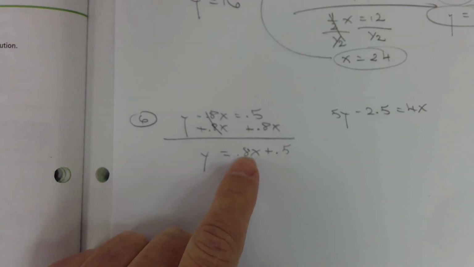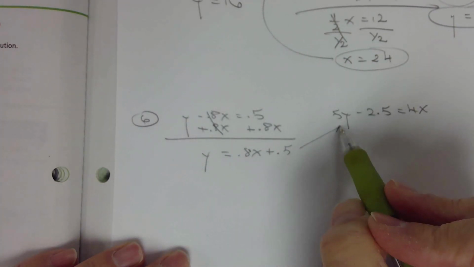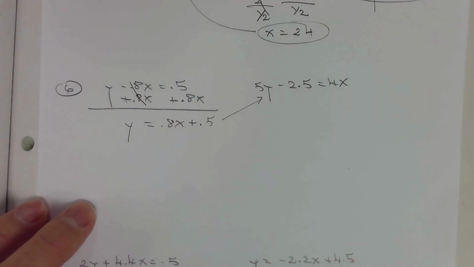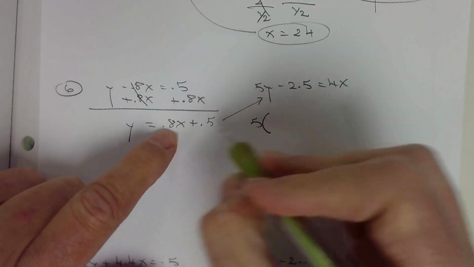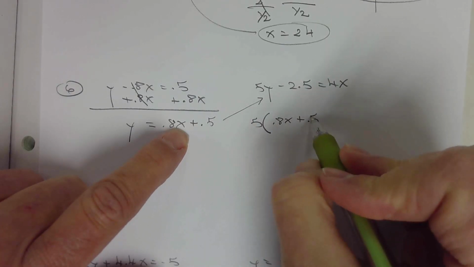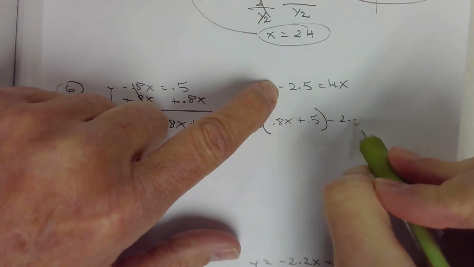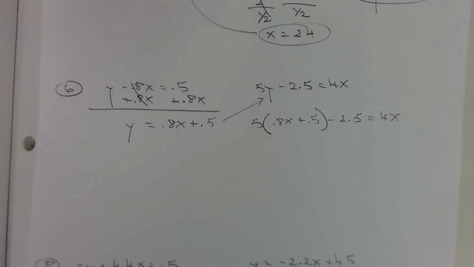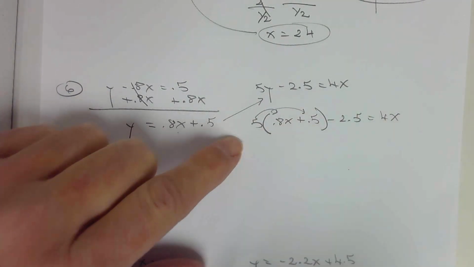Now we know what y is. Now we're going to take that and plug it in. I'm going to write 5 and then put in parentheses 0.8x plus 0.5, close the parentheses, minus 2.5 equals 4x. Now I need to multiply the 5 by everything in the parentheses.